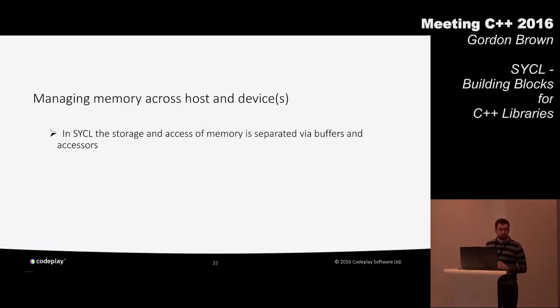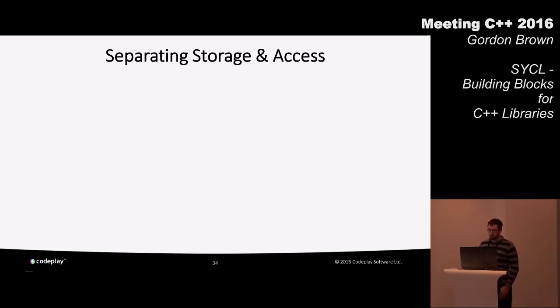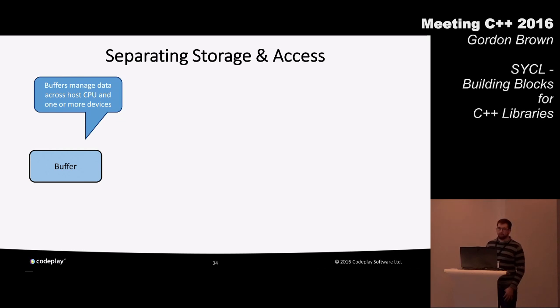Next, now that you have the command group, you need to get some memory onto the device. In SYCL, we have a unique way of managing memory in that the storage and access of the memory is separated into this relationship between buffers and accessors. First, you have a buffer. A buffer manages memory across the host and one or more devices.